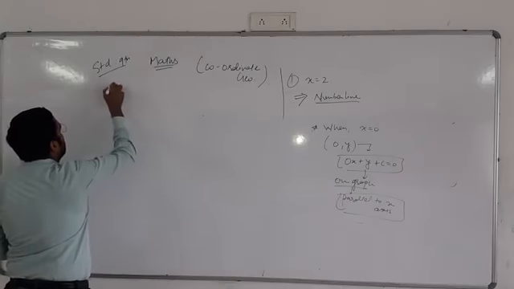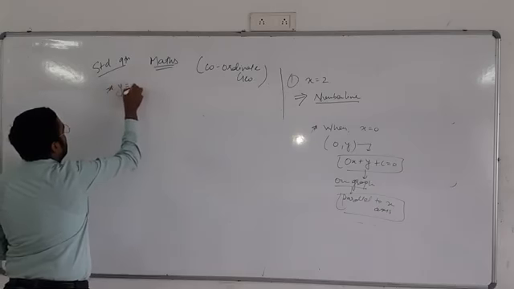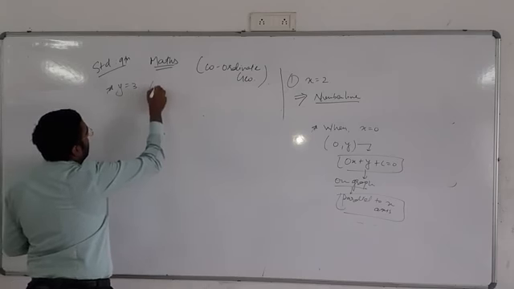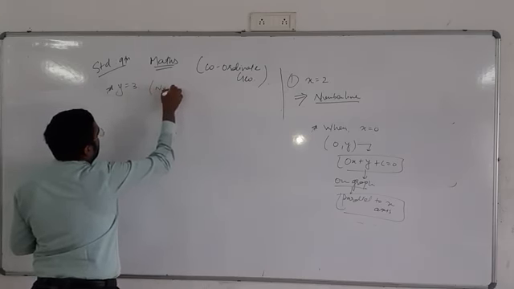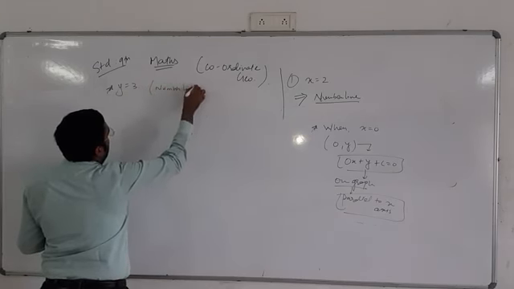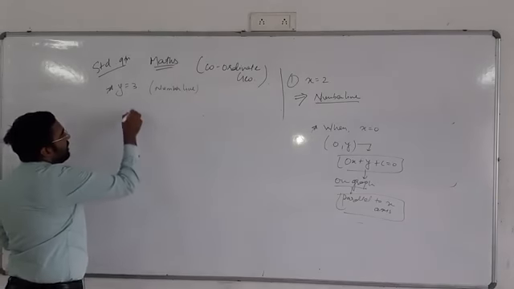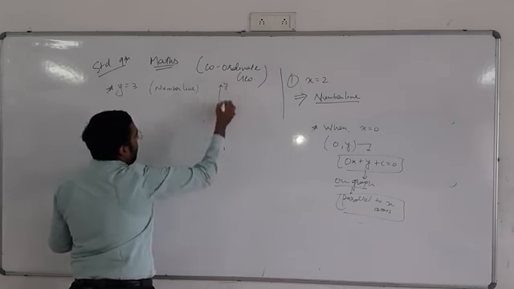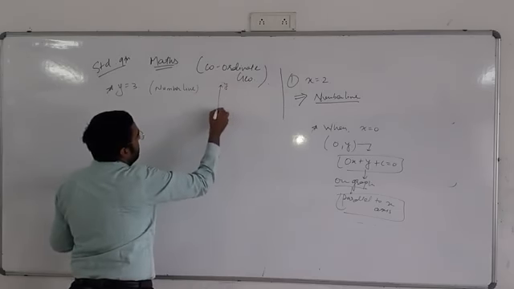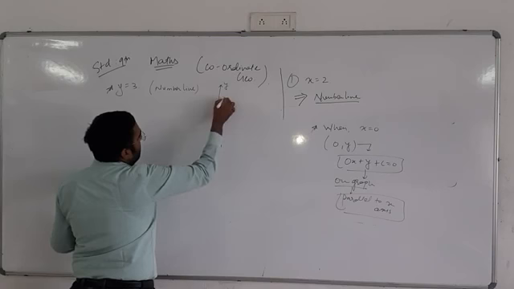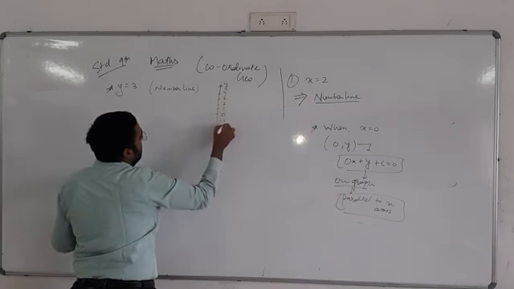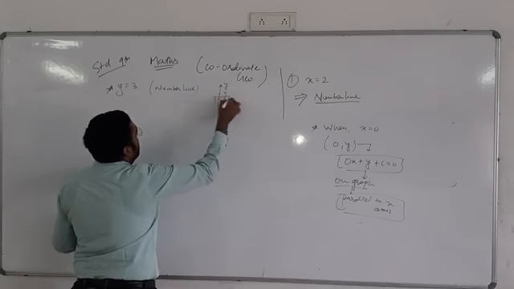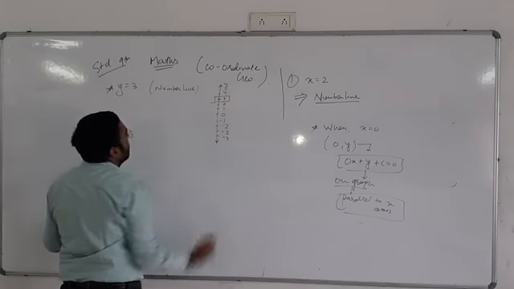In one variable, on the number line, where I draw the y axis, my 0 is here, 1, 2, 3, 4, minus 1, minus 2, minus 3, minus 4. Therefore your point is here in one variable.